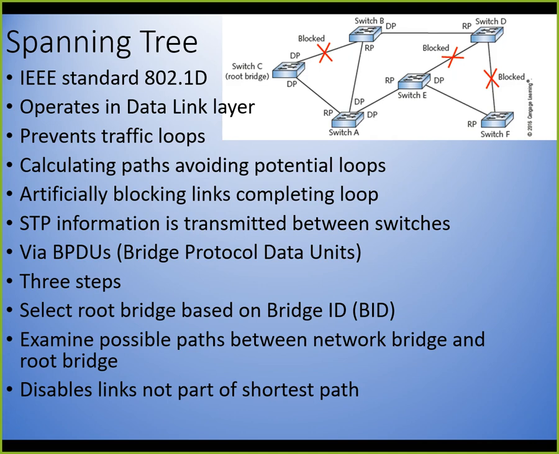Next, examine the possible paths between the network bridge and the root bridge. We're going to look at cost, and it's going to take the lowest cost. The cost is going to be a function of the data rate. For 100 meg, 19 is the one that's still used.